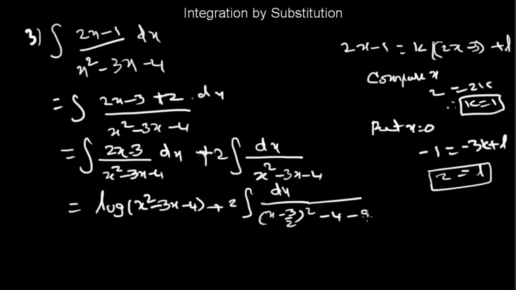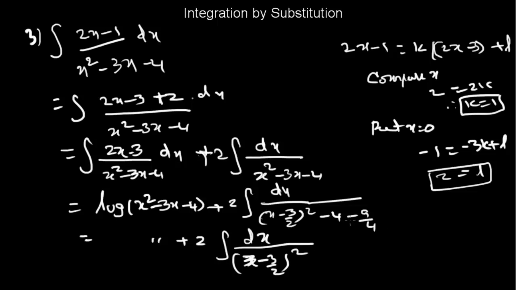So every time, instead of writing this, ditto: plus 2 into integral dx by (x minus 3 by 2) whole squared minus 4 minus 9 by 4. So minus 16 minus 9, minus 25 by 4, is minus (5 by 2) whole squared.